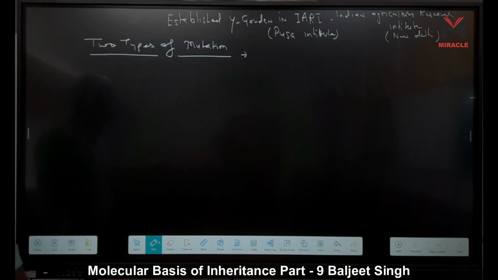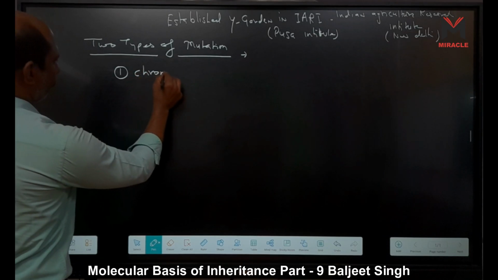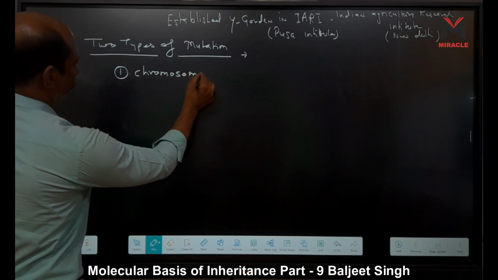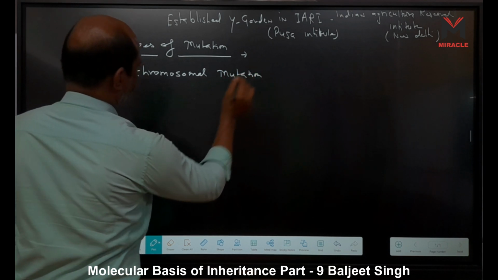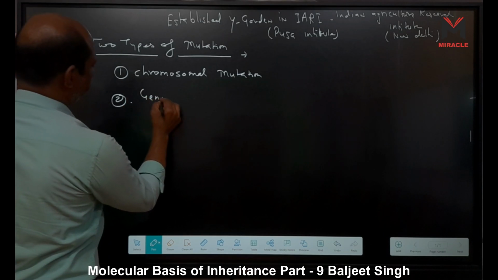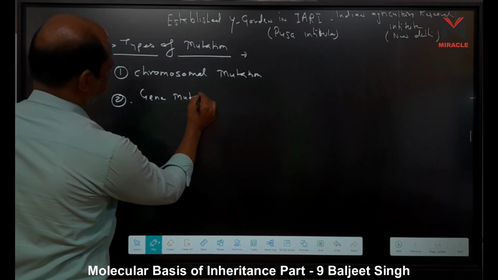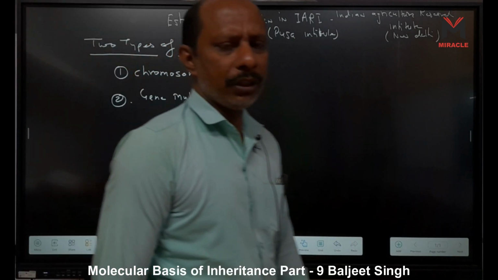First is chromosomal mutation and second is gene mutation, right?